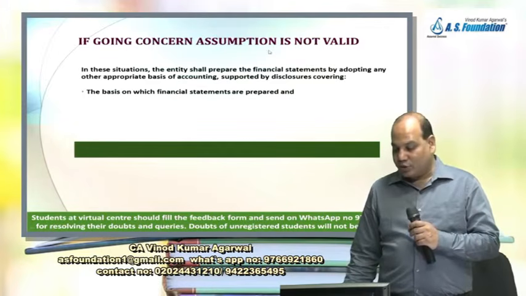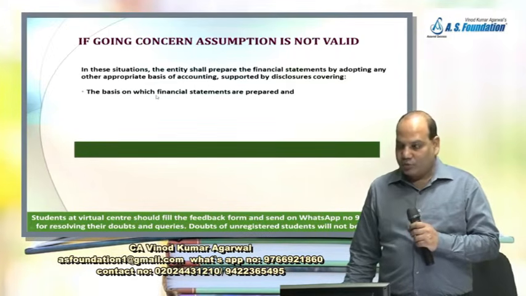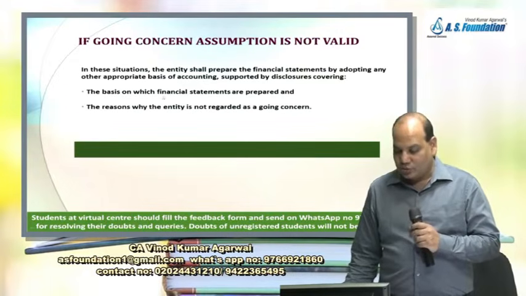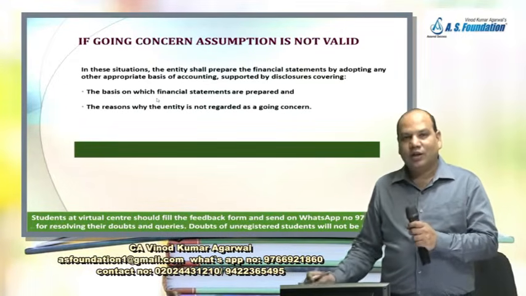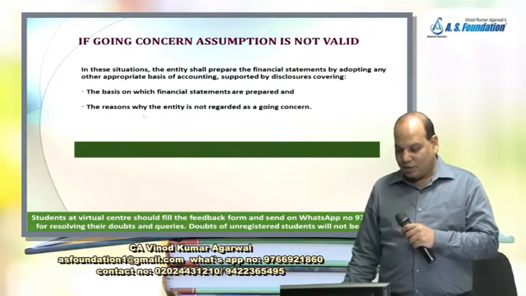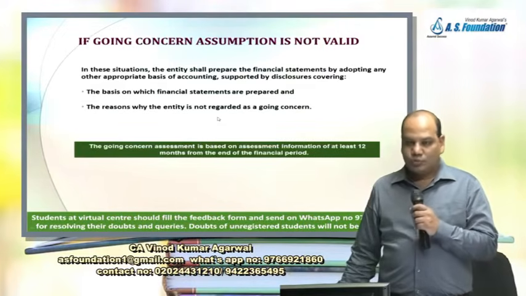But now your company is not a going concern, you might value it at the basis of market price. So you are not preparing as per your regular IFRS now. Disclose that assets are valued at their current market price, and then you have to also disclose why the entity is not regarded as a going concern.